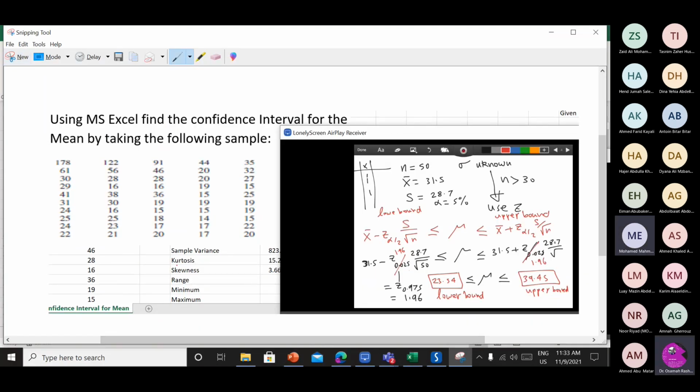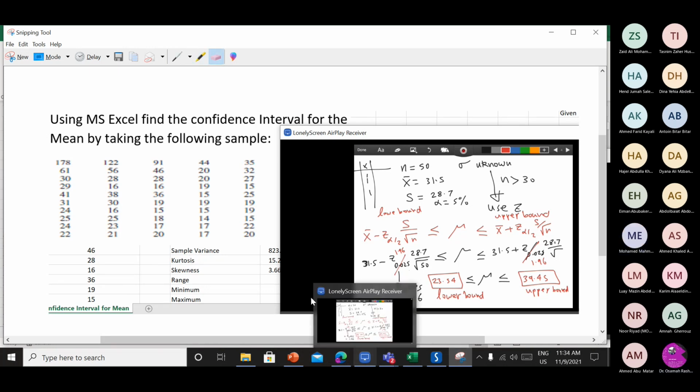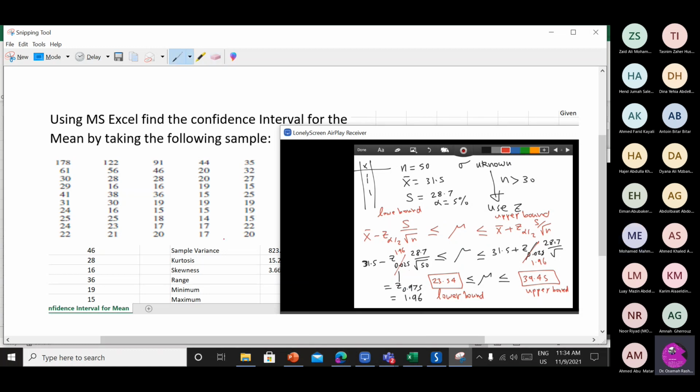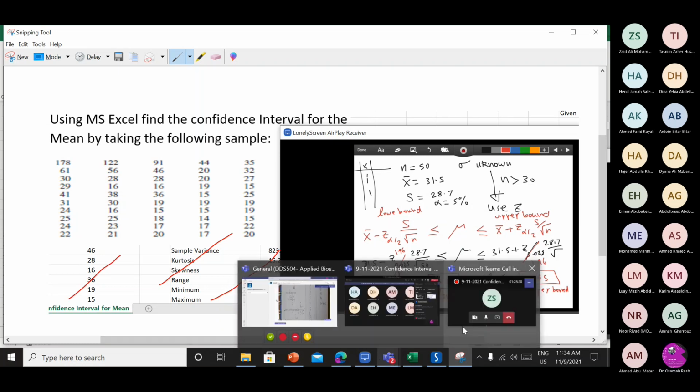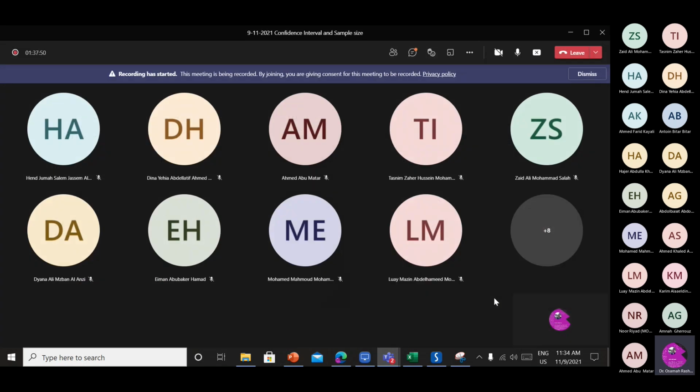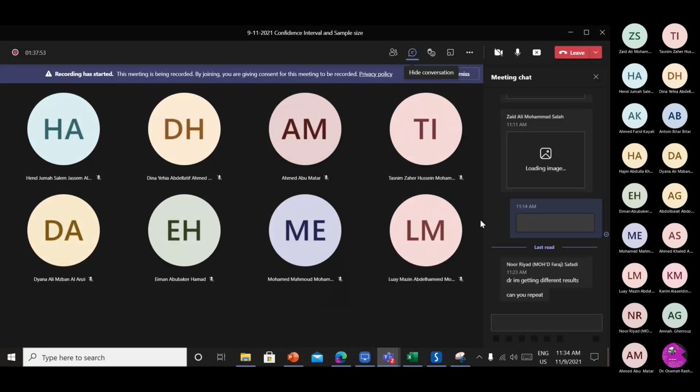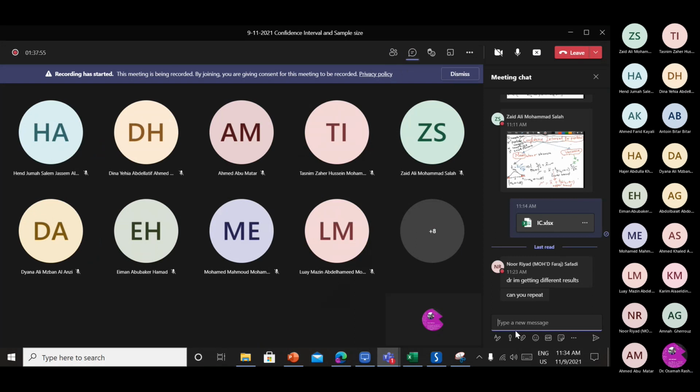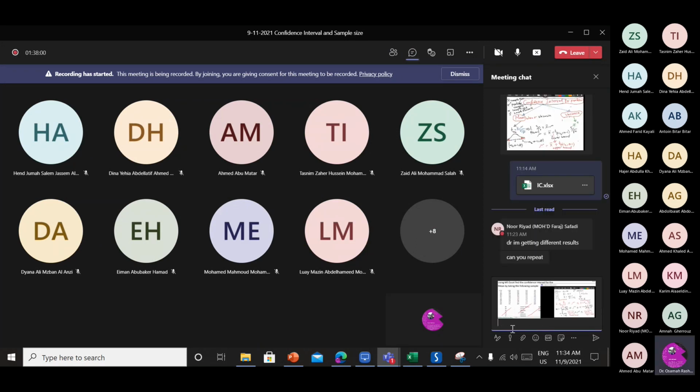Doctor, can you repeat the Z critical part, how did we get it from the table? So I'm just, this one is not belonging to me. Oops, sorry. Noor, what is the result you have?